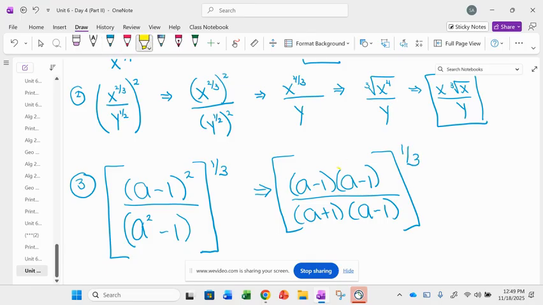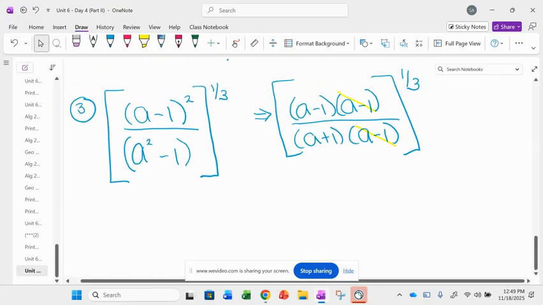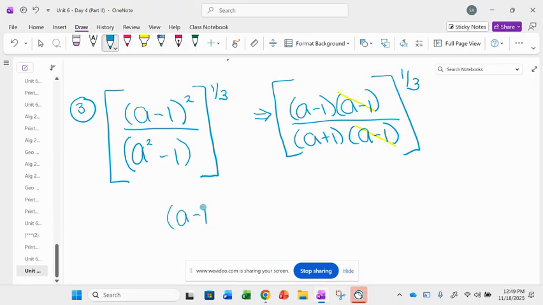So I can simplify and take out an a minus 1. We good so far? Okay. So now, what does this mean for us? This means I now have a minus 1 raised to the 1/3 power over a plus 1 raised to the 1/3 power.